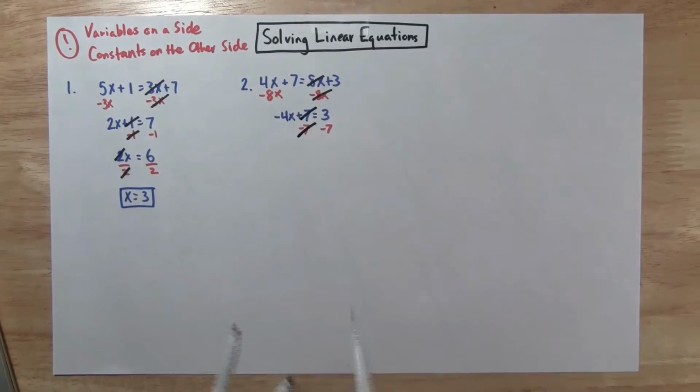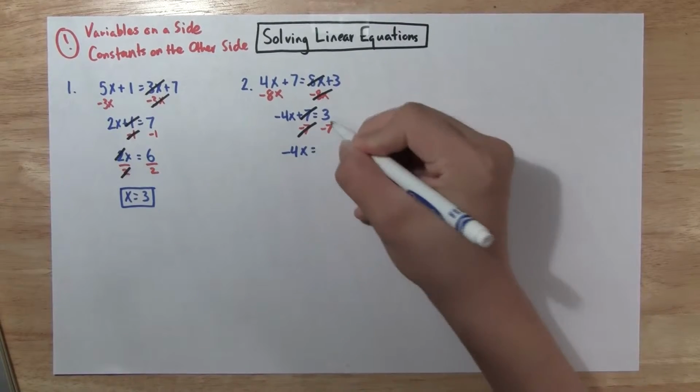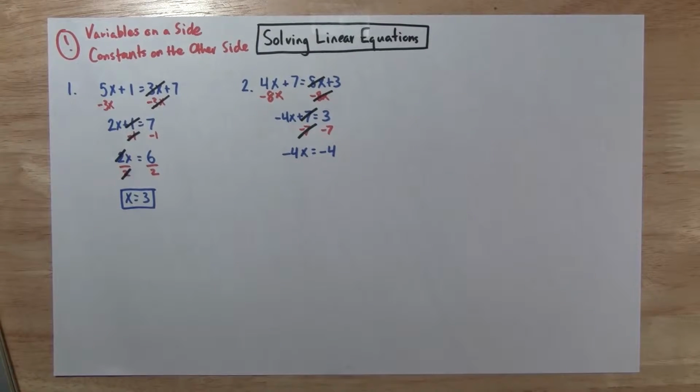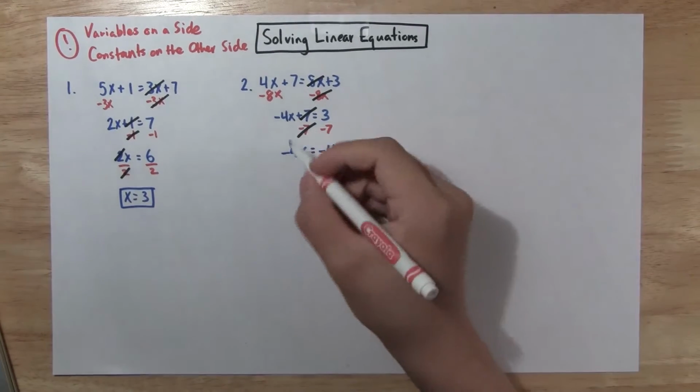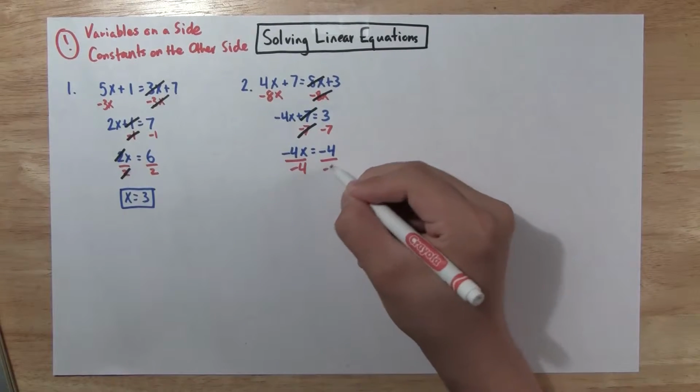So these cancel out, and we're left with negative 4x equals 3 minus 7, which is negative 4. Now, once again, you want to divide both sides by this coefficient, negative 4.